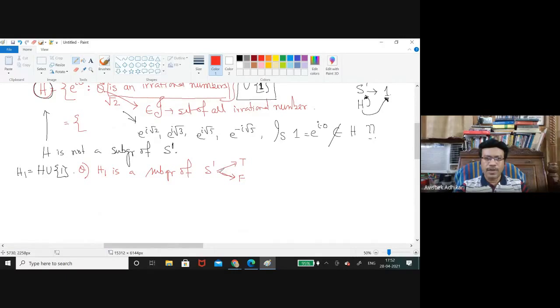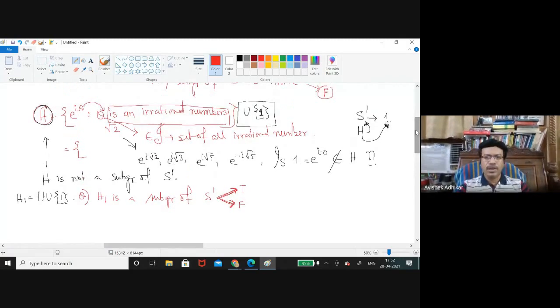He has given a very nice observation. That's very good. What is your answer, true or false? If you say it's true, then you need to show that this is a subgroup. And if you say it's false, you need to give a counterexample or some justification. Just like here, I have shown that 1 is not within H. What are the guesses from others?